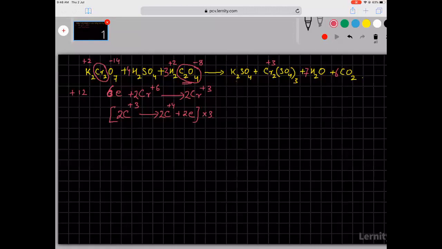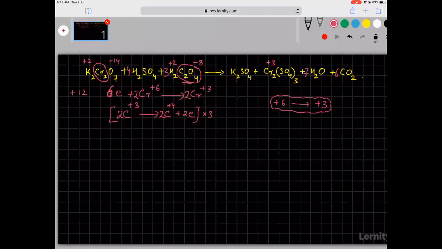First, I tried to find out the oxidation state of chromium on the left side and on the right side. Again, I am telling you, in 90% of our cases, as far as chromium is concerned, it will be going from plus 6 to plus 3 state.